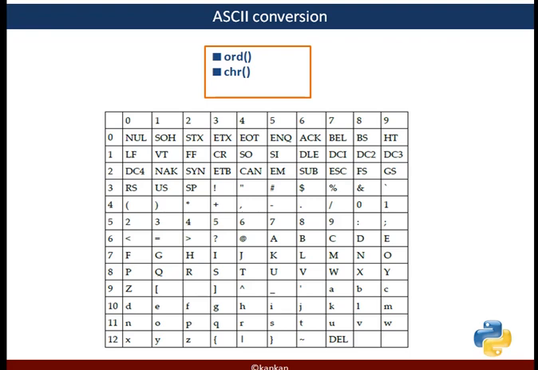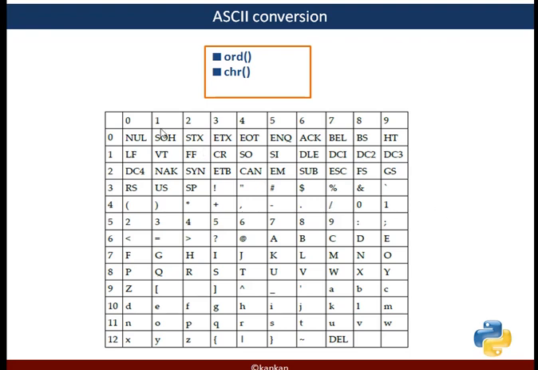ASCII conversion. In a computer we maintain an ASCII character code, American Standard Code for Information Interchange.